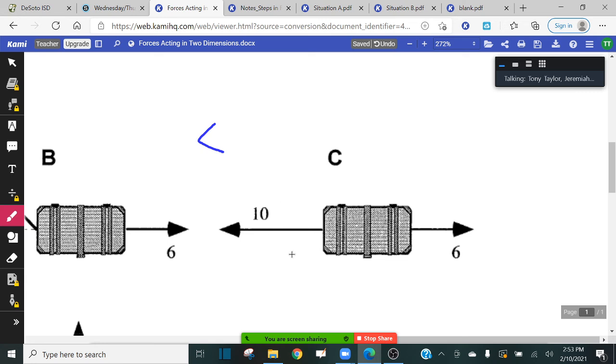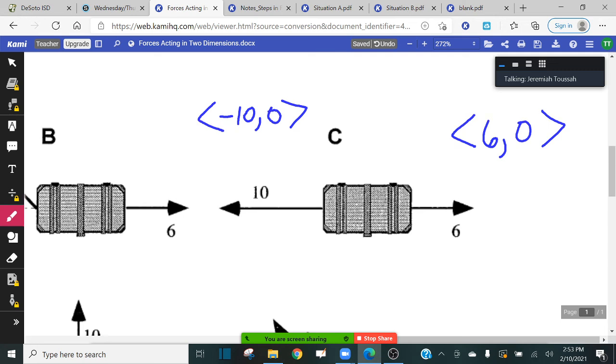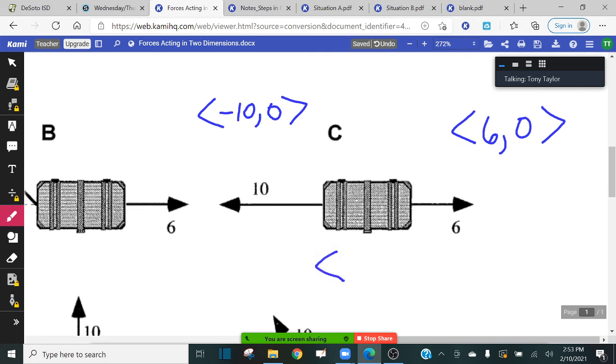So in other words, this vector right here is -10, 0. And this vector right here is 6, 0. So you just gotta add them together. When you add those together, you get -4 and 0.